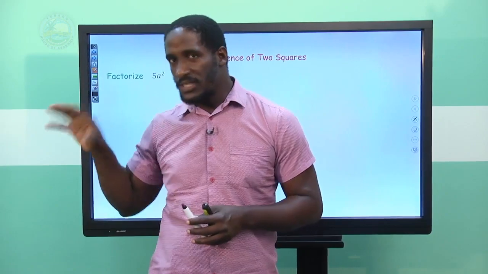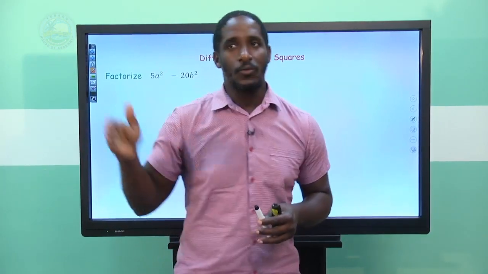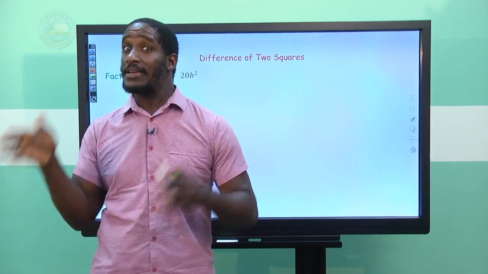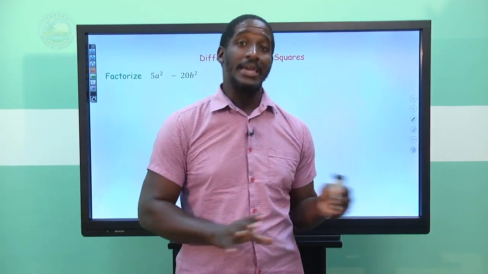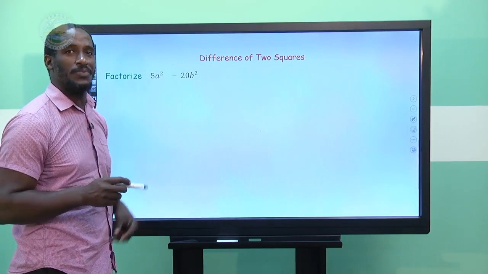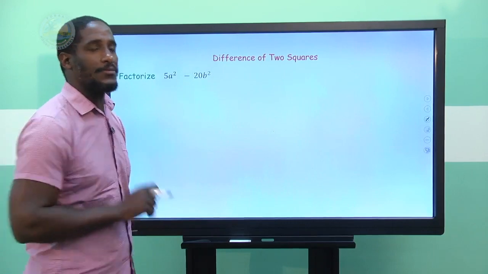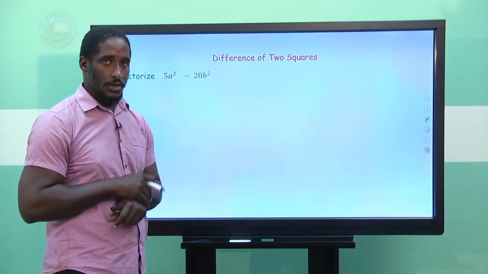Remember, since we started factorization all the way through, we said that when given a problem to factorize, the first thing that you do is to look along the expression and determine if a common factor exists. If a common factor exists, then we factor it out.